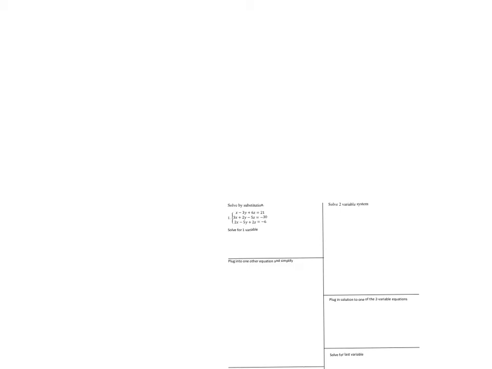The first thing we need to do, step one, is to solve for one variable because again, we're going to be solving by substitution. So the best thing to do is look for an equation that has a variable with a coefficient of 1. Looking at this one right here at the top, I can easily solve for x. By doing that, I can add the 3y to the other side, subtract the 6z to the other side, and leave the 21 there.